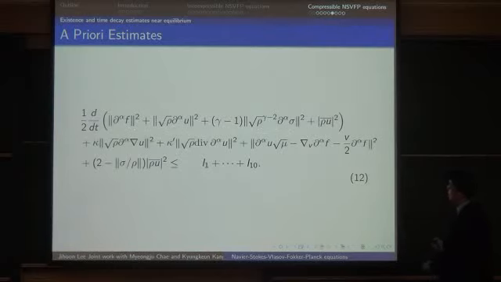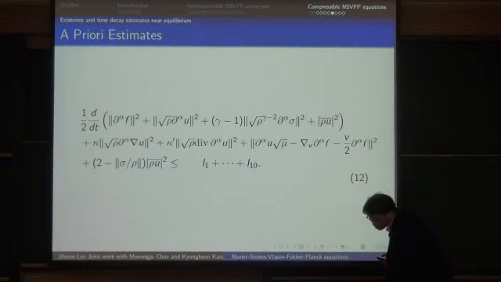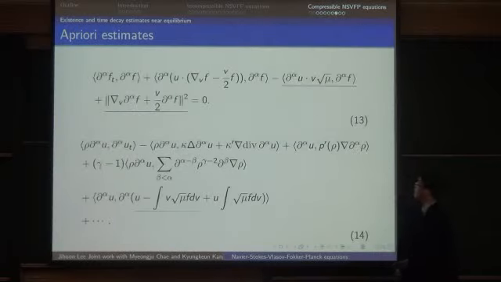If we consider the torus, to compensate we need the mean value of the integration of rho u, and then we have this kind of a priori estimate. There are other terms, I sub 1 to I sub 10, and all these terms can be estimated by standard methods, just Hölder's inequality and Young's inequality.